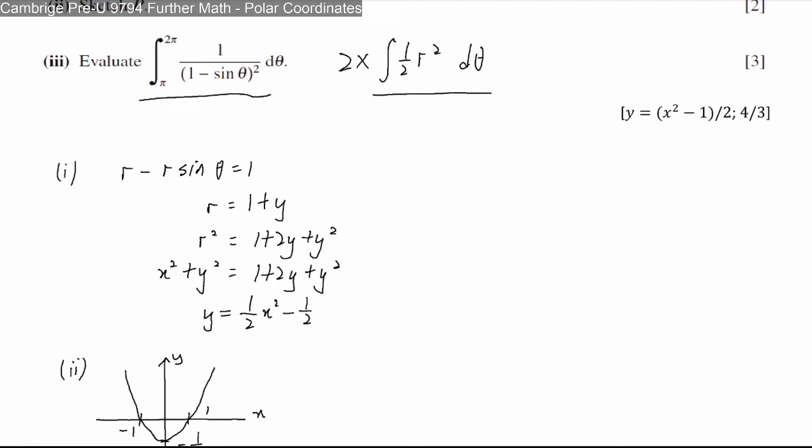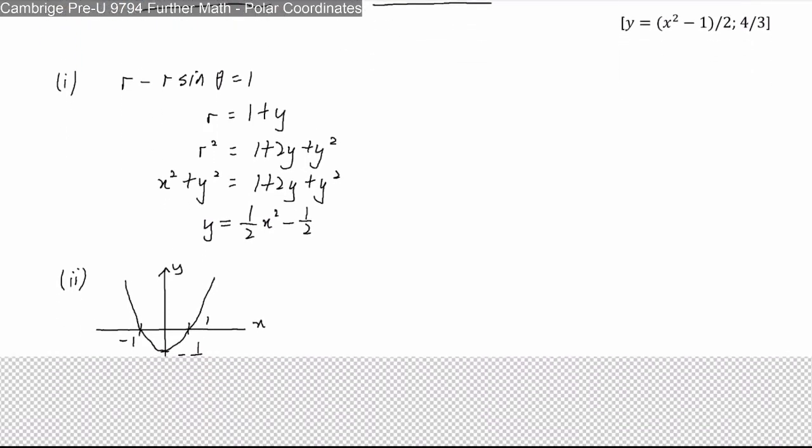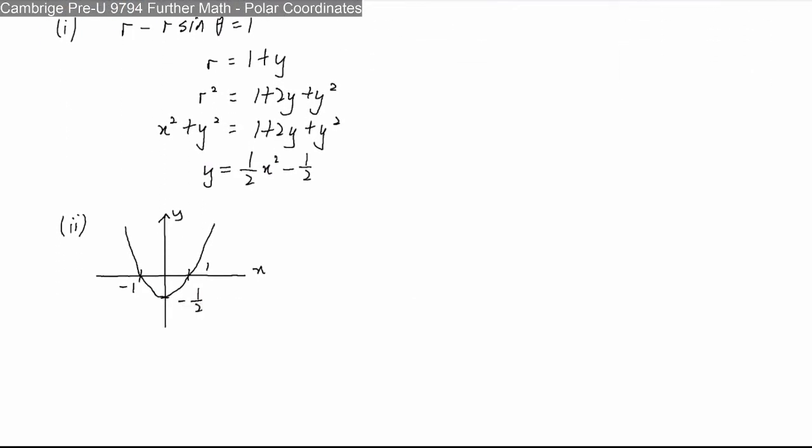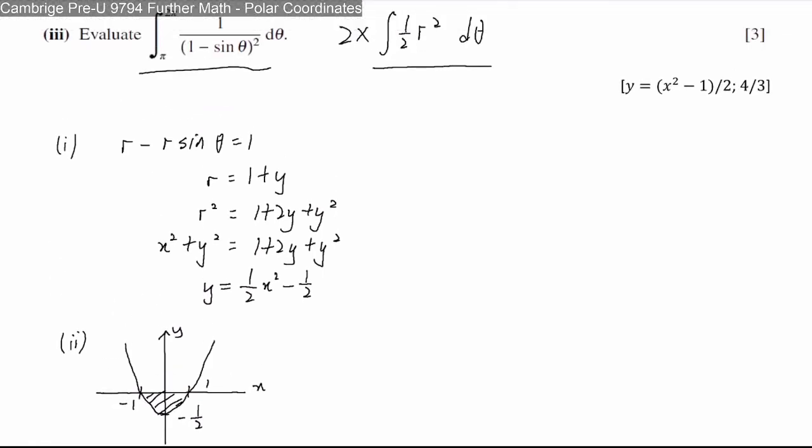But from what value of theta to what value of theta? The theta here is from pi to 2 pi. If I refer to this sketch again, pi to 2 pi actually means here. So for this integral, we are actually evaluating 2 times the area of the curve.